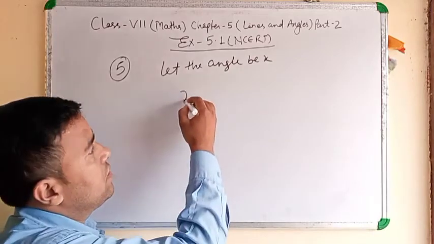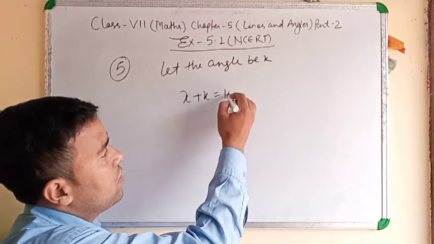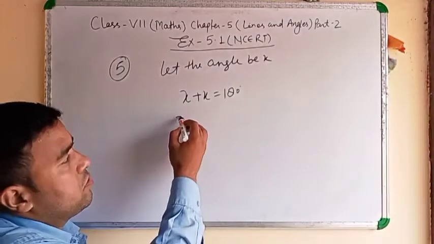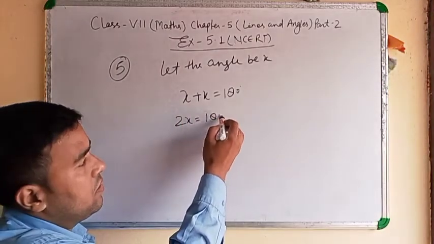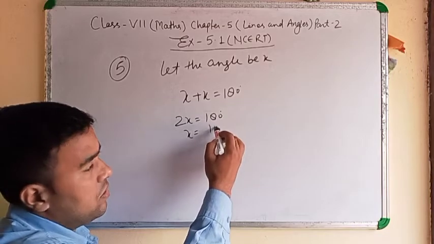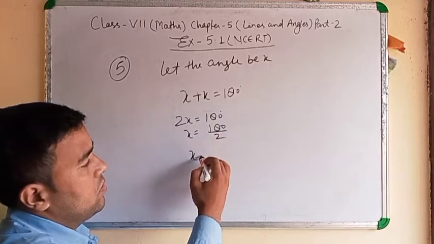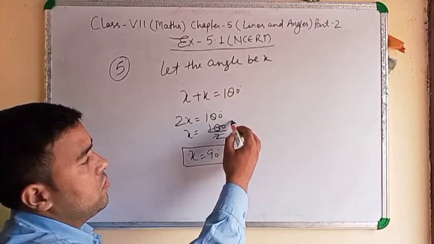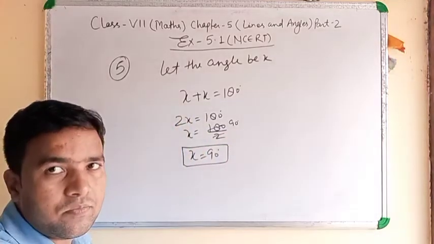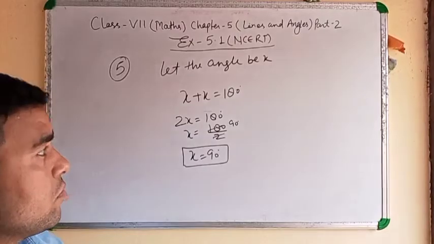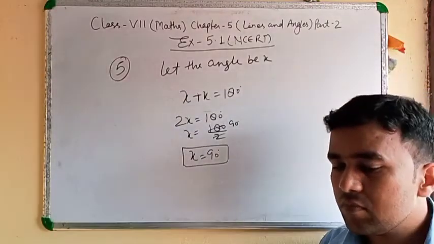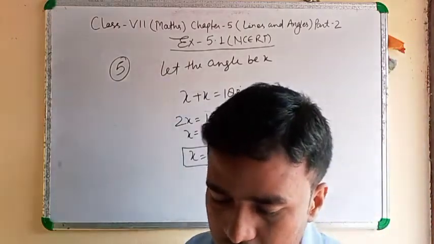Here x plus x equal to 180 we will take, because of supplement. 2x equal to 180, x equal to 180 by 2, x equal to 90 degree. Clear? Both questions understand. Note down this.